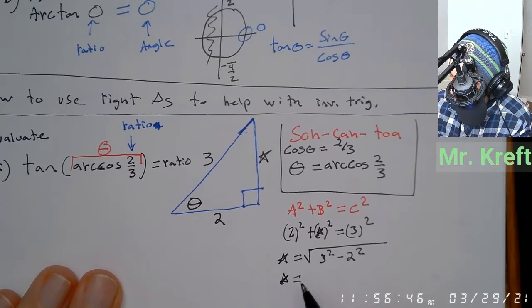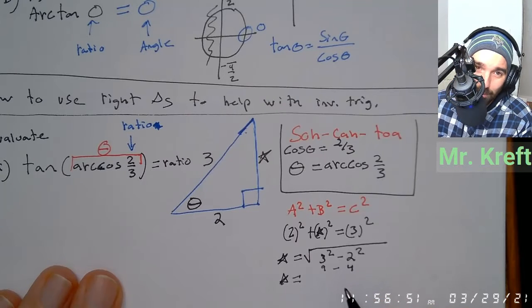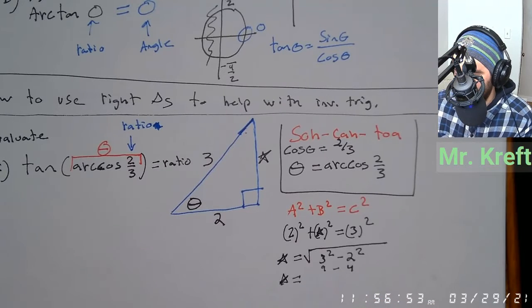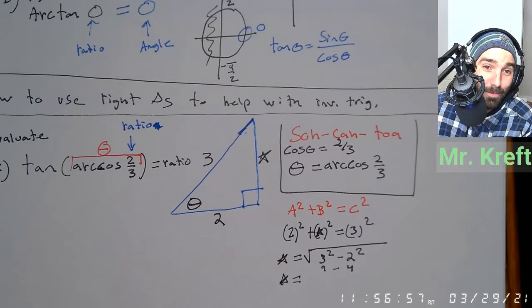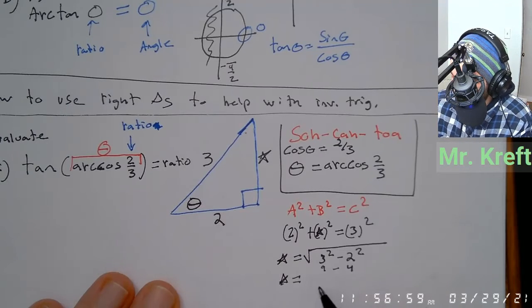So star equals 3 squared is 9, 2 squared is 4, 9 minus 4, that's 5. And then it's the square root of 5.